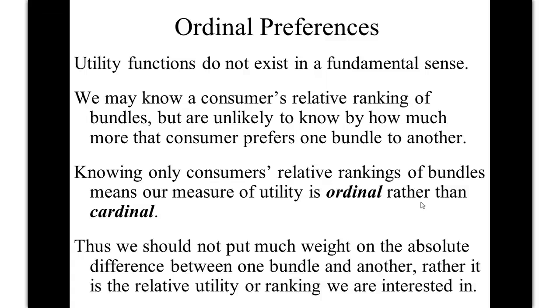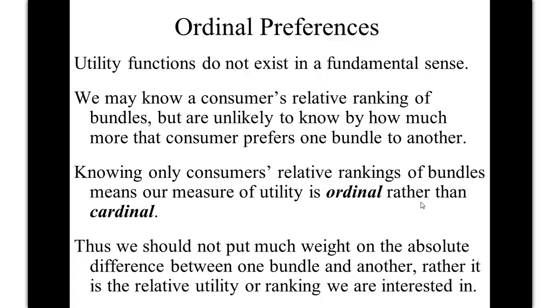So our measure of utility is ordinal. It's important to know the order in which bundles are preferred, rather than cardinal. And cardinal simply applies to the numbers. What is the gap between the numbers? We're not too interested in the gap between the numbers. If one bundle of goods is preferred to another, it doesn't matter whether we say the utility is 8 versus 10 or 8 versus 10 million.